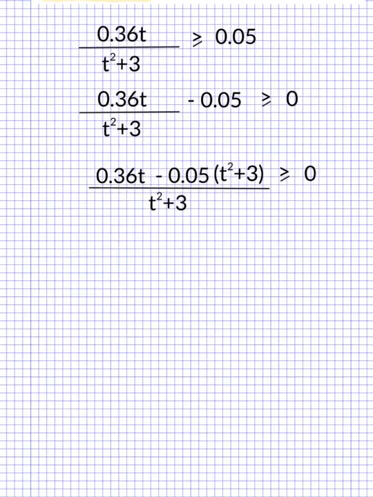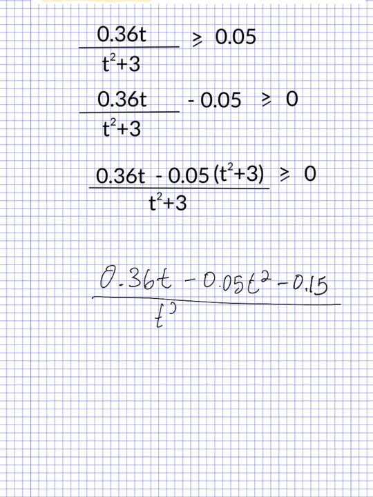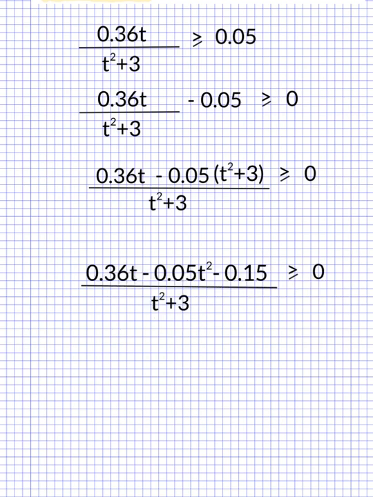Now we put that all together: 0.36 T minus 0.05 T squared minus 0.15, all over T squared plus 3, greater or equal to 0.